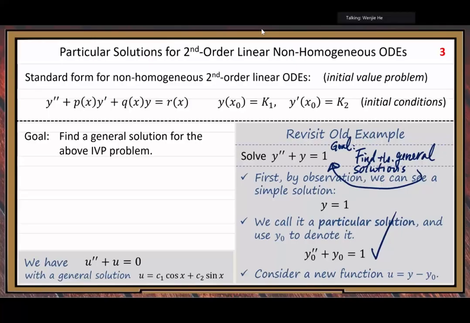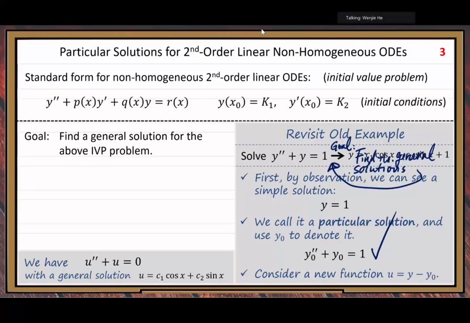Remember, I used Euler's formula with i, and how to remove that i, with capital A, capital B, plus, minus. So that is the final general solution of this homogeneous equation. Next, we can move to the general solution of the non-homogeneous one. What's the general solution of that?